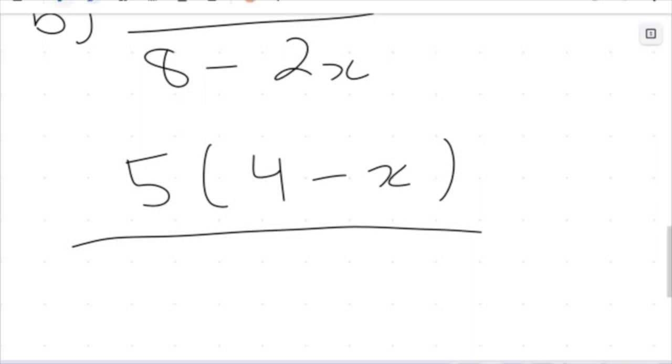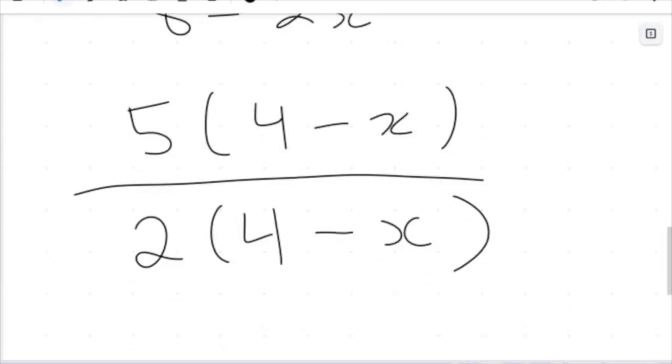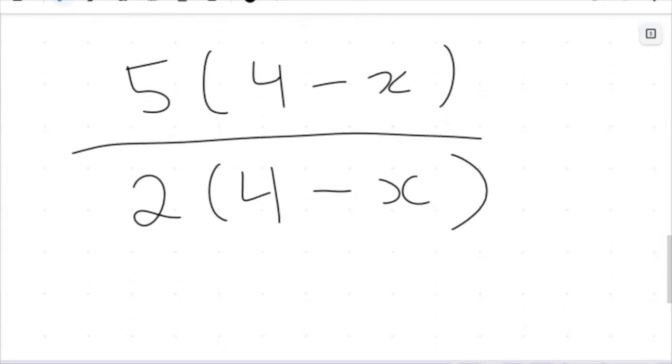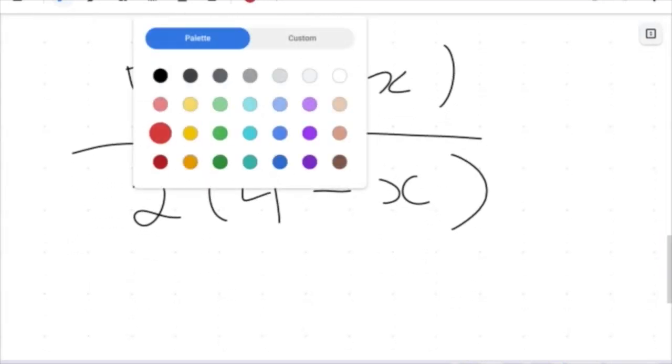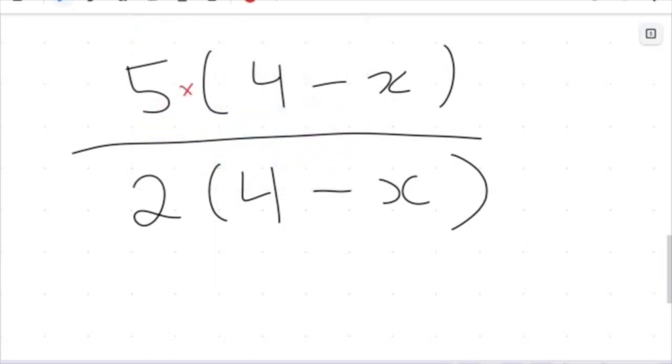We're trying to figure out what goes into both 8 and negative 2x. Well, the only number that does is going to be 2. Now 2 goes into 8 4 times. 2 goes into negative 2x, negative x times. So now by factorizing, we can see that we have this 5 times 4 minus x, and on the bottom 2 times 4 minus x.